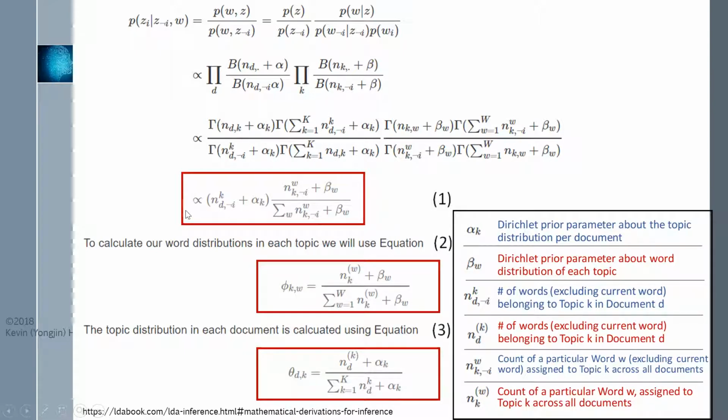Also, this sign you probably know is proportion, because eventually it's not an exact number, but everything is proportional. So everything scales up or scales down in the same ratio. That's what proportion means. Anyway, this is the formula we're going to use, where we assume alpha and beta are both zeros.